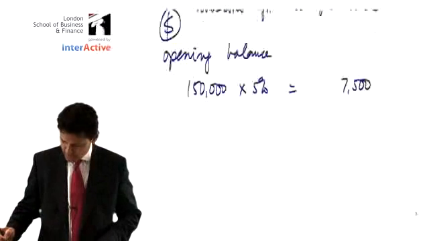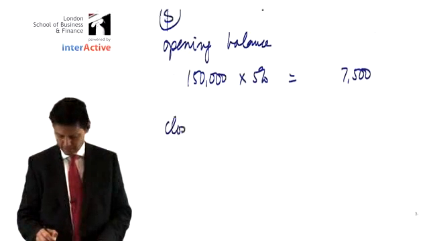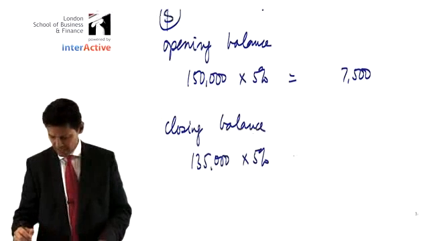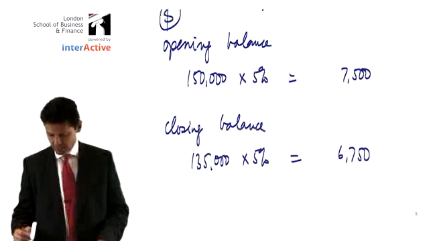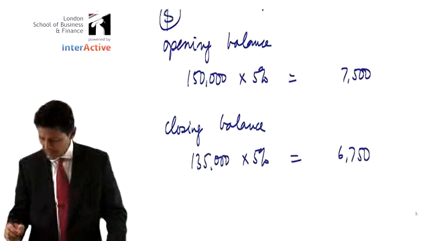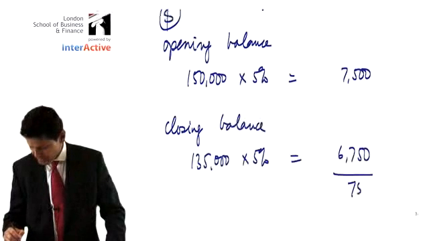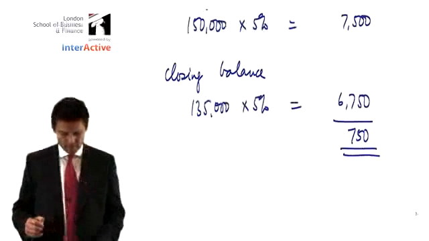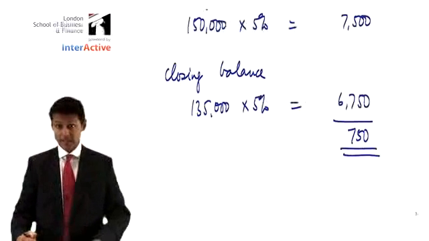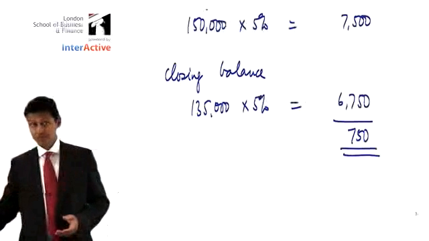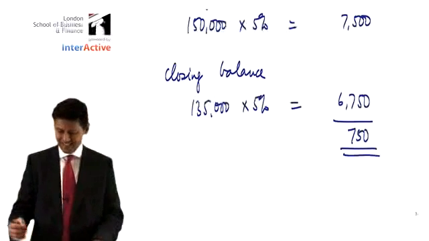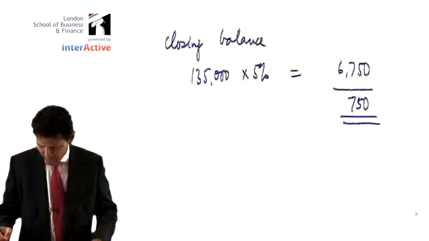We'll then compare that to the closing balance. $135,000 multiplied by 5%, 6,750, which when compared to the 7,500 gives 750. So the 7,500 was at the end of last year, 6,750 at the end of this year. So obviously we've got 750 too much in the account, so we've got to get rid of it. How do we get rid of it? That's what I want to explain next.